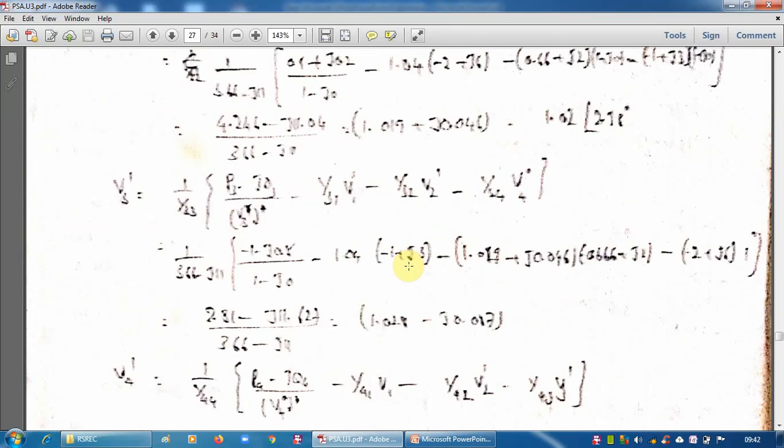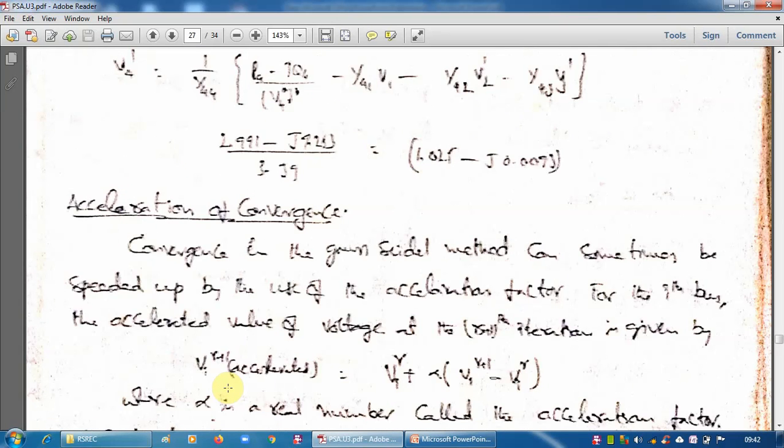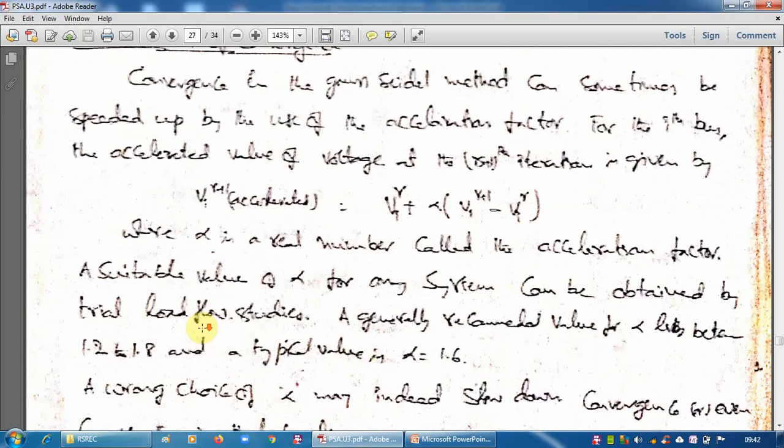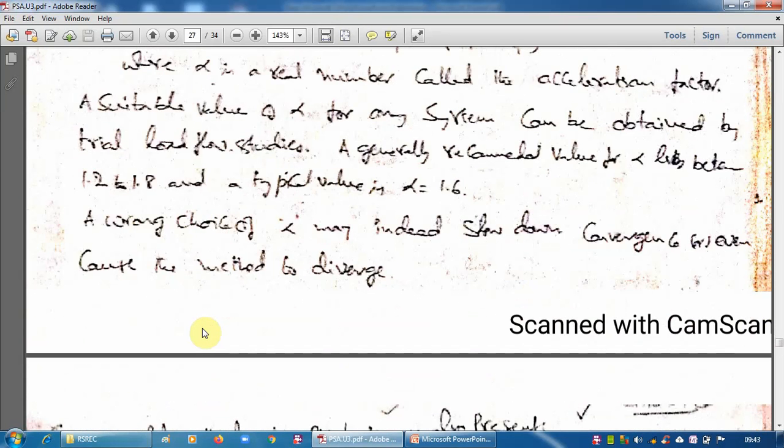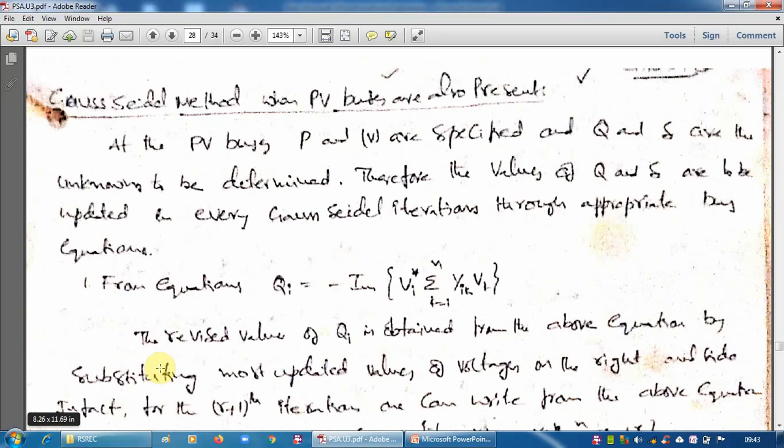This modified voltage is substituted here, and again here also the modified voltage of V3 is substituted in the V4 equation, like that. This modified voltage is the accelerated voltage. This is for accelerating the speed of convergence. That is about the Gauss-Seidel method for load buses.